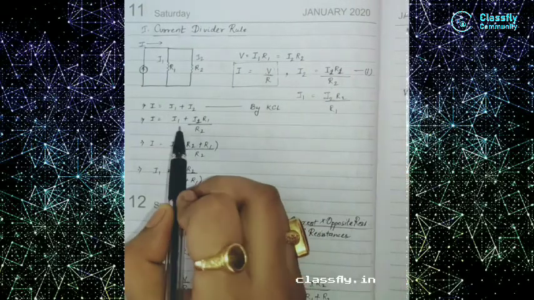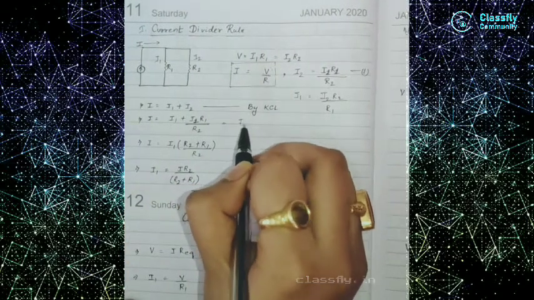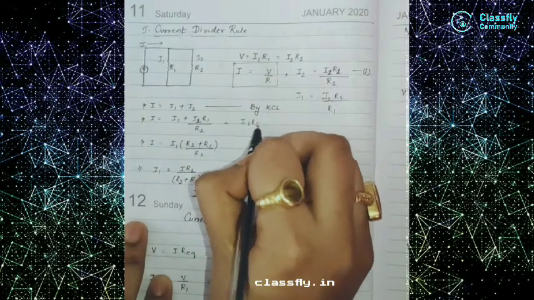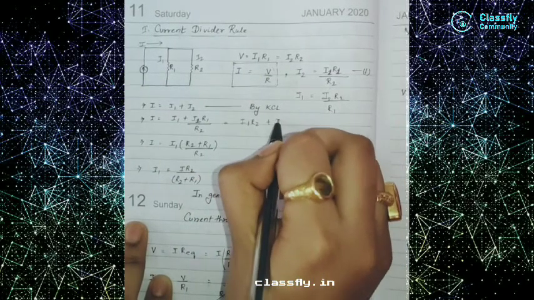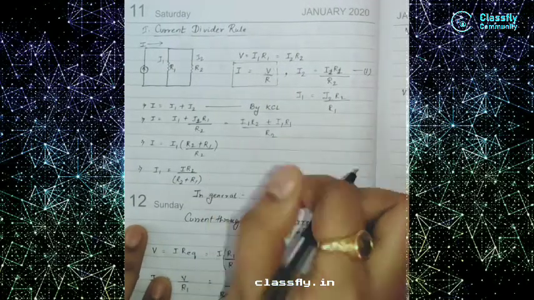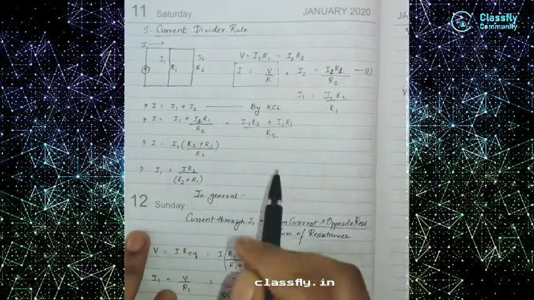So when R2 goes up, we take LCM. I1 R2 plus I1 R1 by R2. We took LCM as R2. So I1 is common, so we bring out the I1.